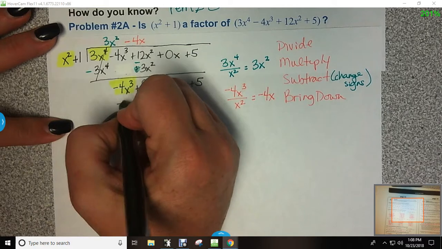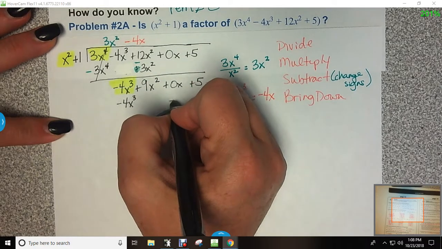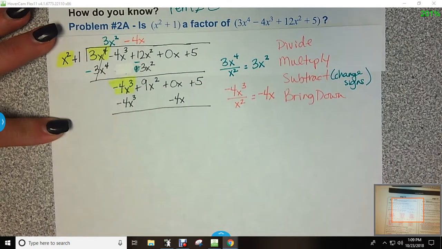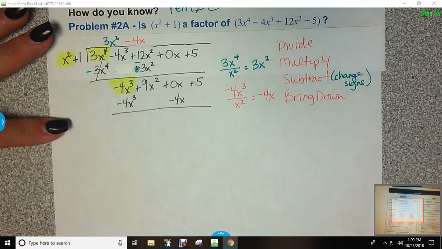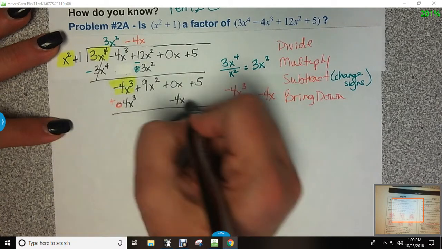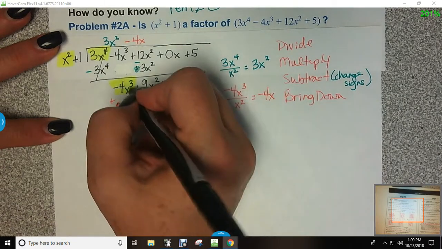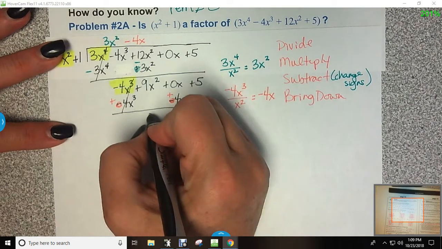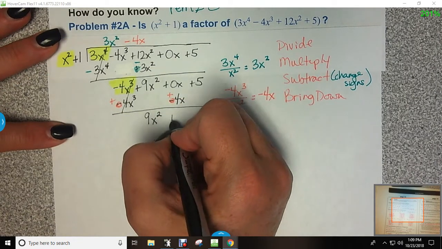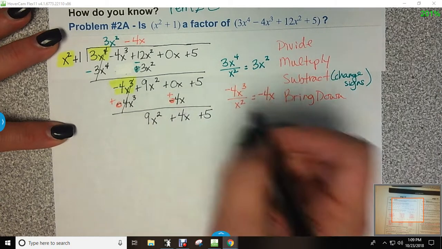So I get negative 4x cubed minus 4x. Make sure you line up your like terms. Alright, now change your signs. My 4x cubes cancel. I bring down my 9x squared. I get a positive 4x and a plus 5.